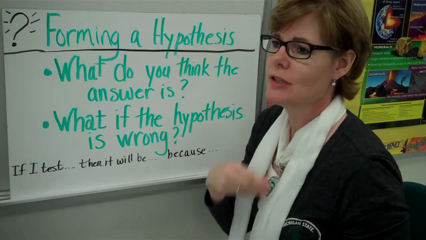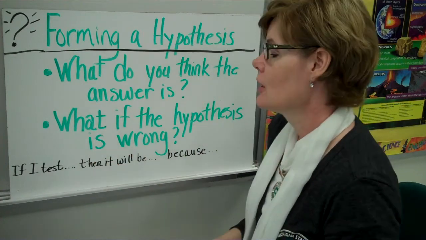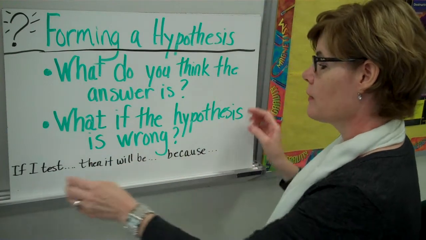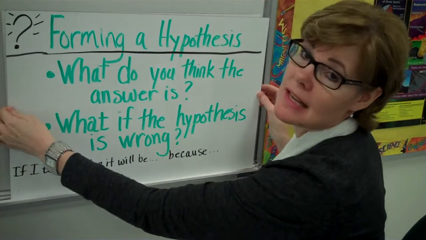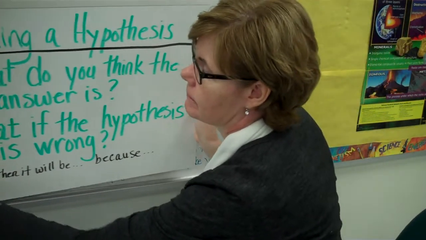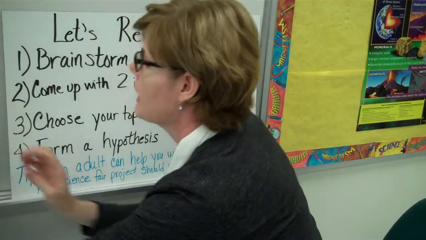You ask a question and you get an answer, and then you end up asking another question. So you're going to use a format: if I test, then it will be, because that's how a hypothesis is set up. You will get more information on that in the classroom on how to set up your hypothesis.